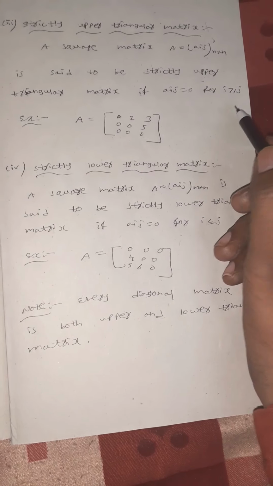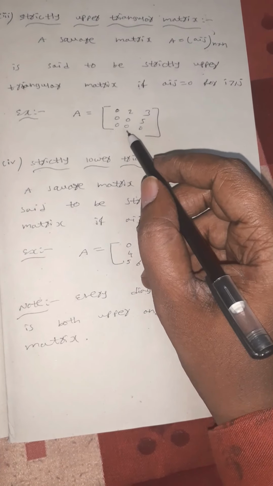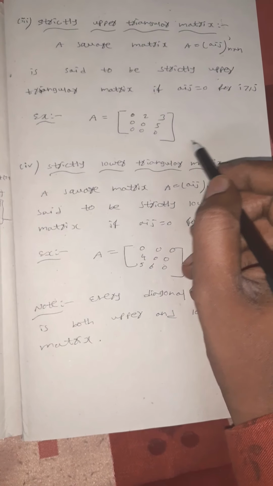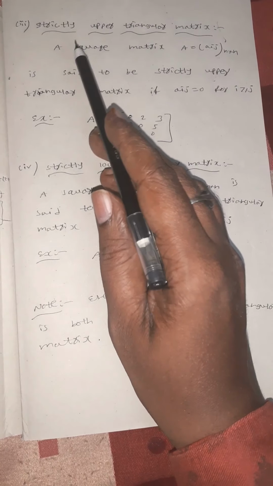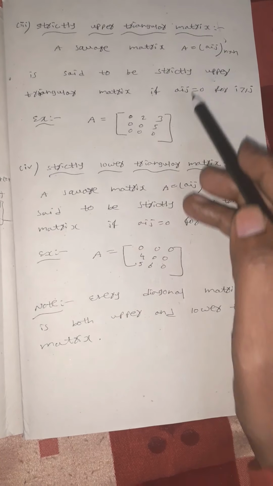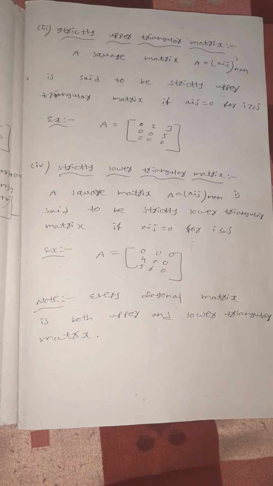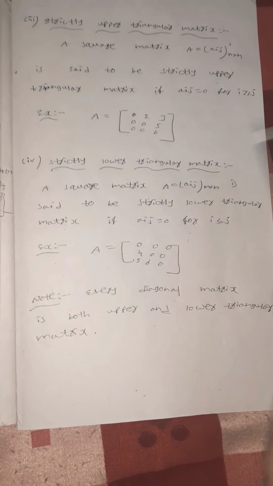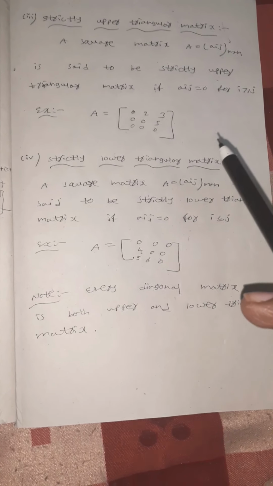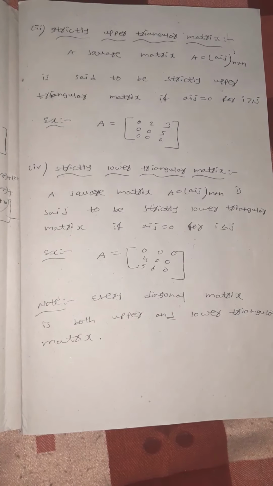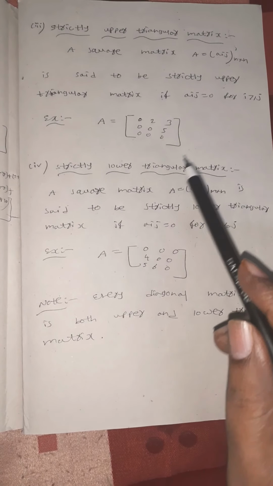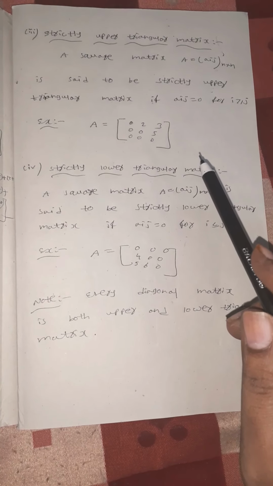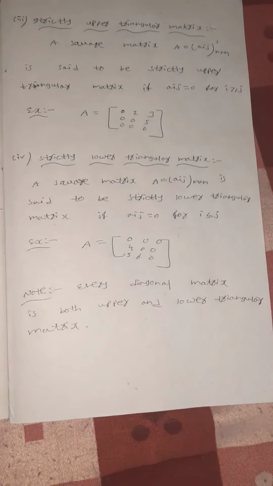So 2 is greater than 1. Condition satisfied. This type of matrix is known as a strictly upper triangular matrix. It is very, very important in your competitive exams. They will give options of upper triangular matrix and strictly upper triangular matrix. So by checking the conditions only you should mark the options.